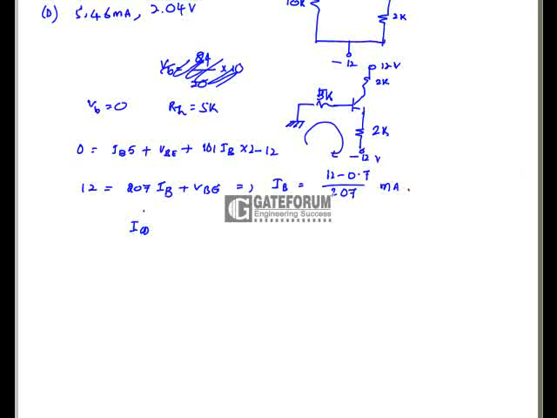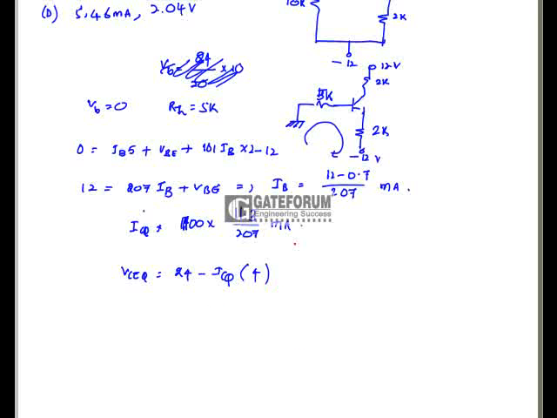So ICQ is nothing but beta times IB, that is 100 times 11.3 divided by 207 milliamps. VCEQ is equal to 24 minus ICQ into 4.